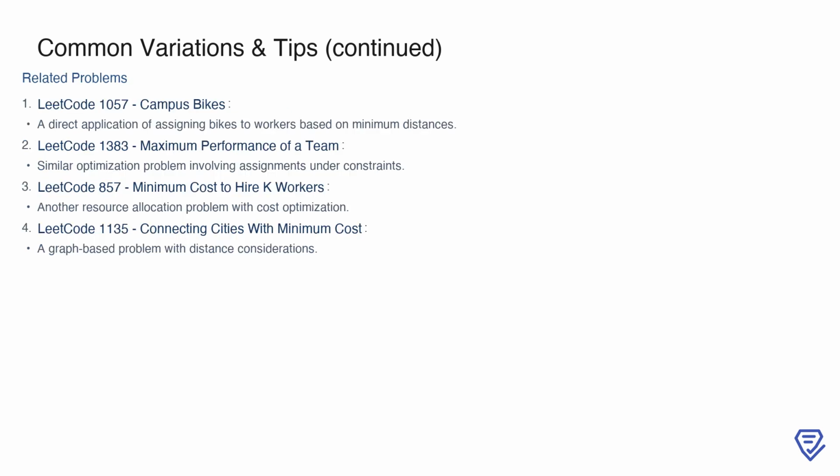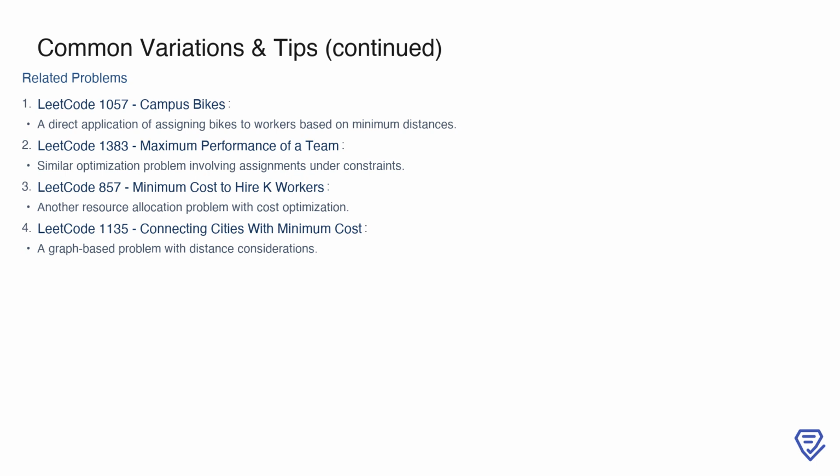This problem also shares similarities with a few other LeetCode challenges, which can help you build a deeper understanding of assignment and optimization problems. LeetCode 1057, Campus Bikes, is a direct application of assigning bikes to workers based on minimizing distances, much like this problem. LeetCode 1383, Maximum Performance of a Team, is another optimization problem that involves balancing constraints to achieve the best outcome.